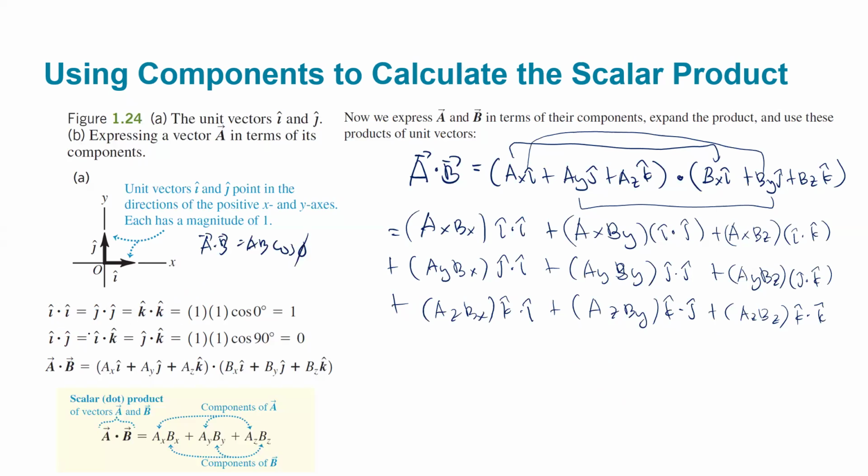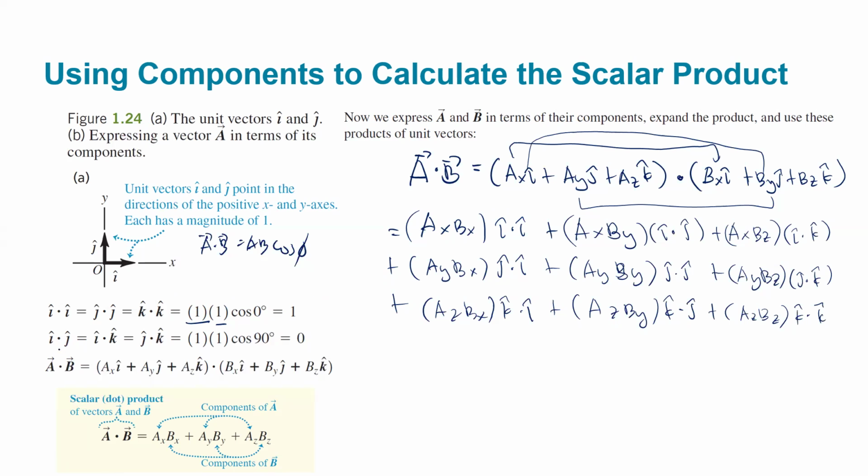Okay. So here, if you multiply i hat dot i hat, since they are in the same direction along x, the angle is 0. So cosine of 0 is just 1.